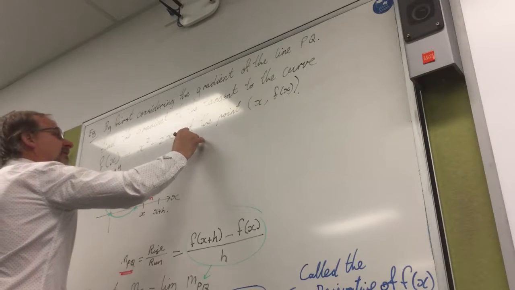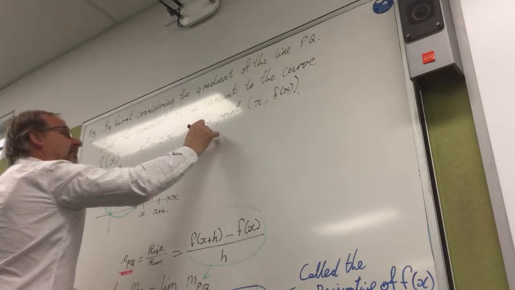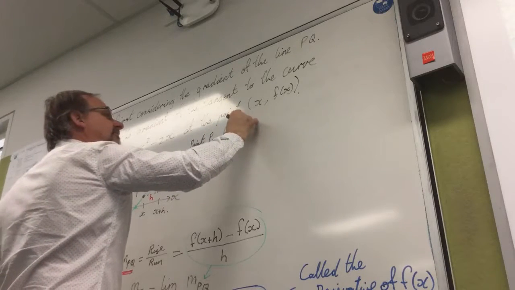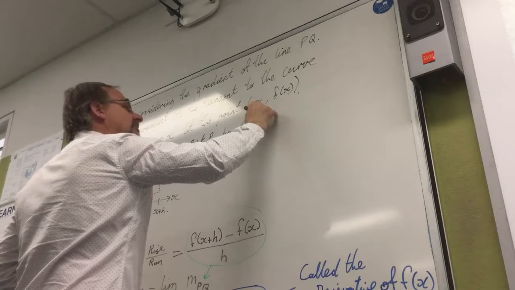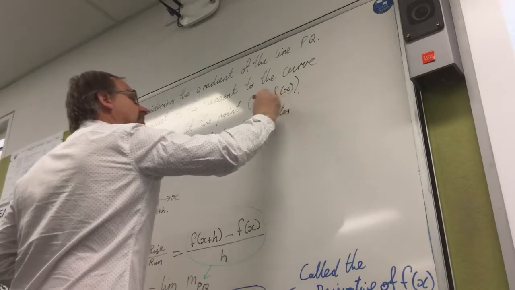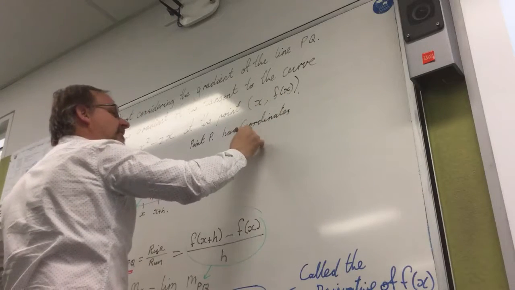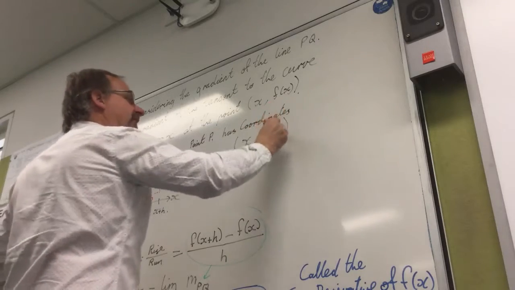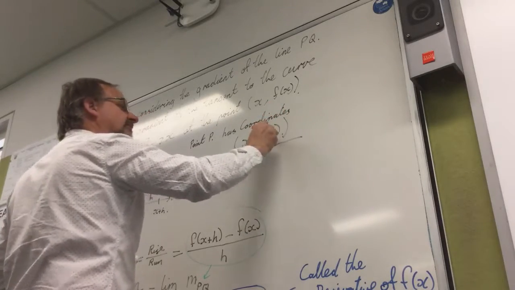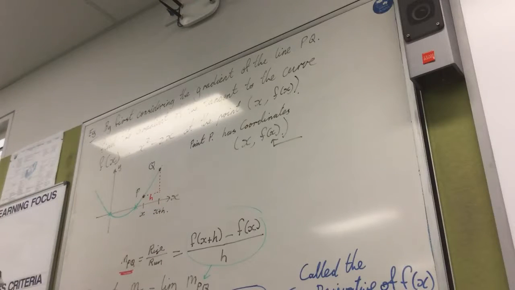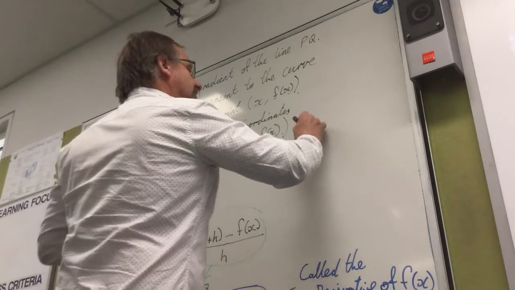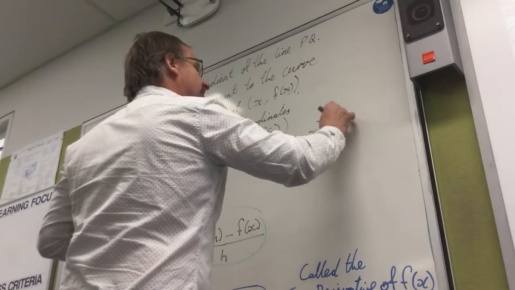So point P has coordinates x and f of x. Now, our function, of course, is x squared minus 2x.